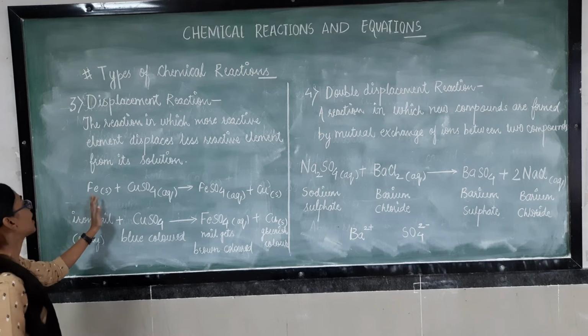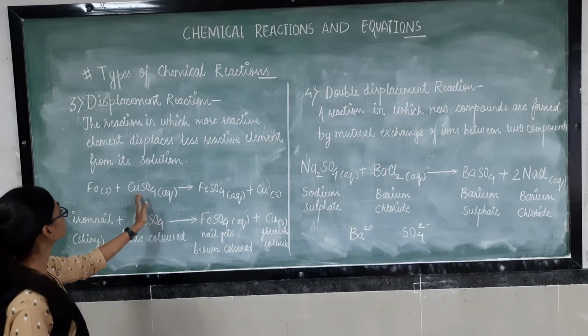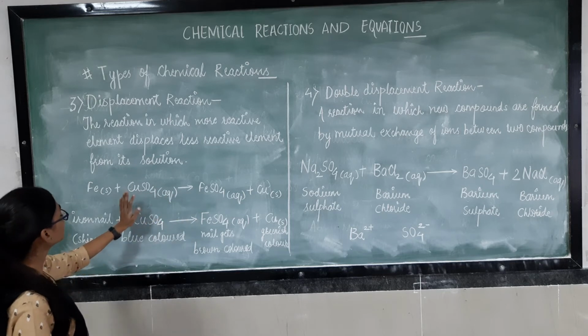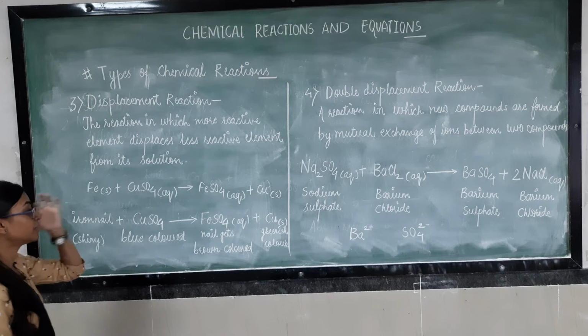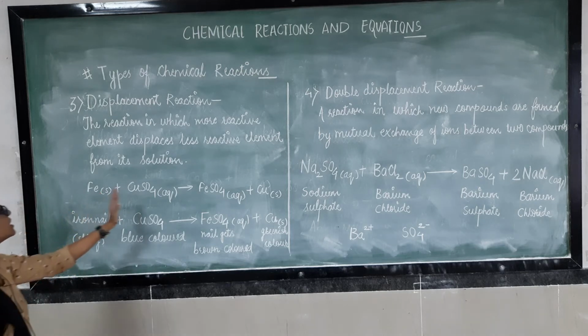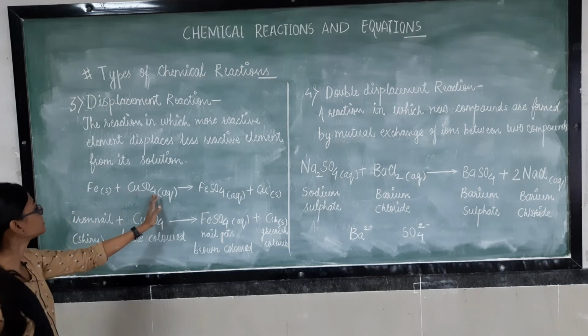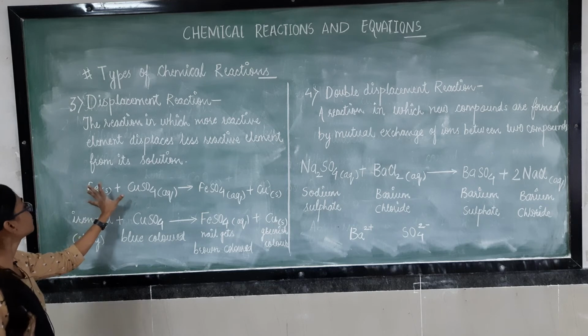Fe, iron, when it reacts with copper sulfate, then what does it form? Fe is more reactive as compared to copper. So it displaces copper from copper sulfate solution and forms a product with sulfate.